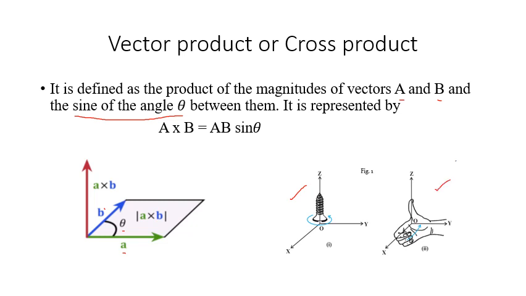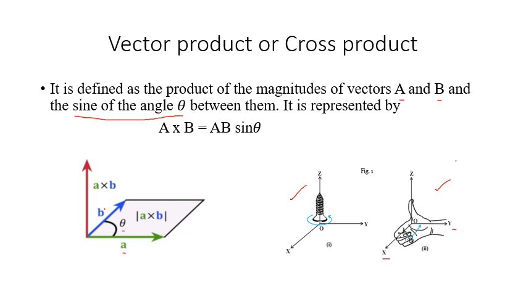So where will be the resultant A cross B? When you have two vectors in the x axis and y axis, the resultant will be in your z axis, perpendicular to the two vectors.